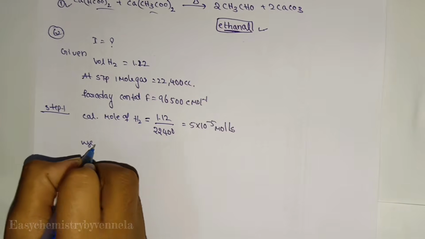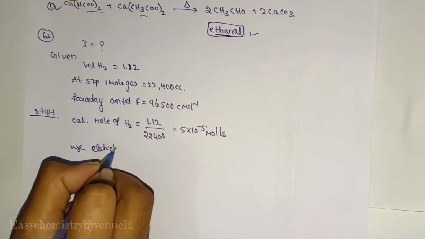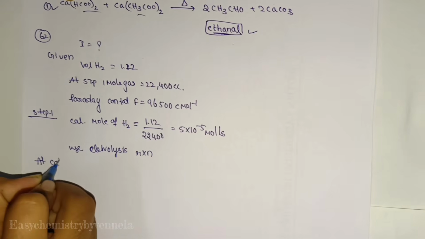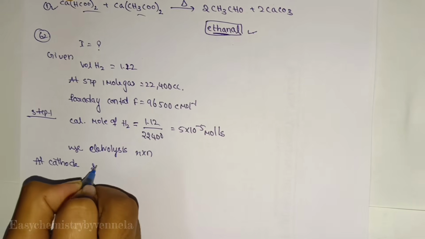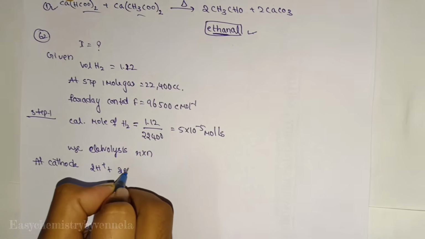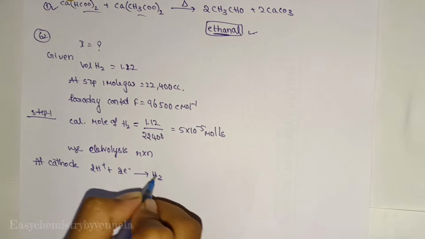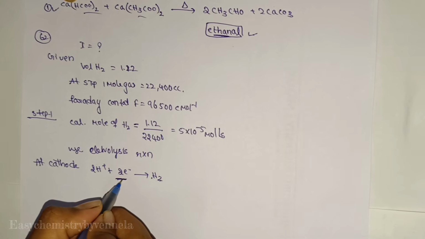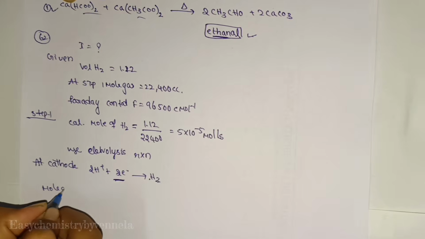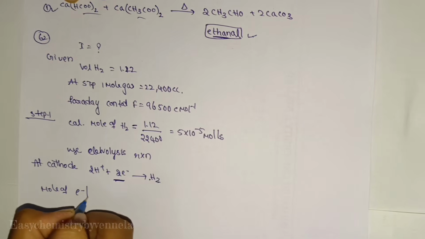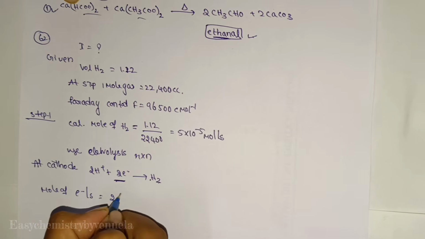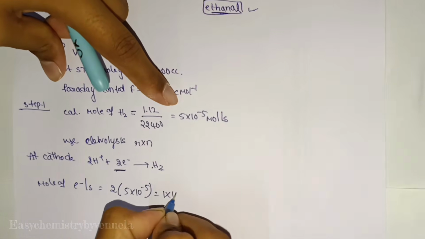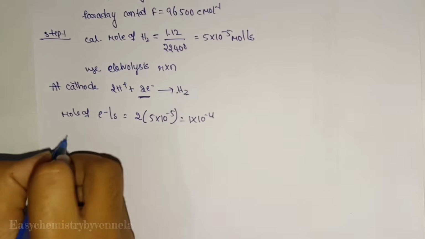Next, the electrolysis reaction. At the cathode, 2H plus 2 electrons forms H2. So 1 mole of H2 requires 2 moles of electrons. So moles of electrons per second is 2 into 5 into 10 power minus 5, total 1 into 10 power minus 4.